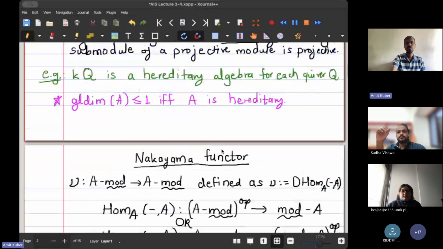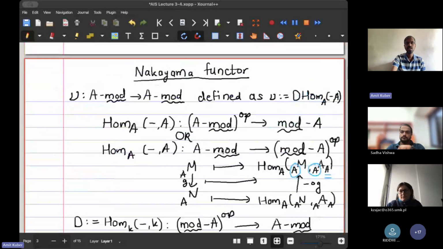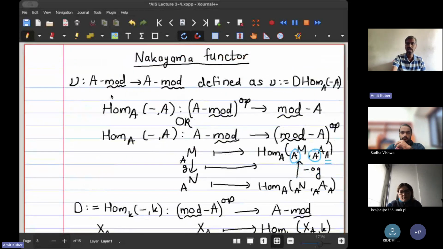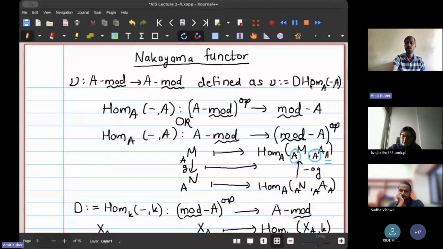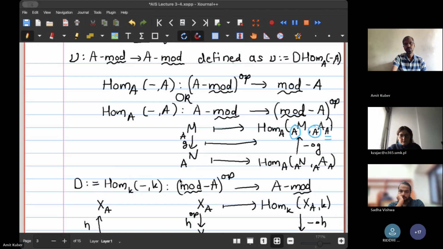The main topic that we covered yesterday, relevant to today's lecture, was the Nakayama functor, which we defined as the composition of two dualities, two contravariant functors. The first one is Hom(-, A), and the second one is the standard duality on vector spaces, D. Hom(-, A) goes from A-mod to mod-A^op.